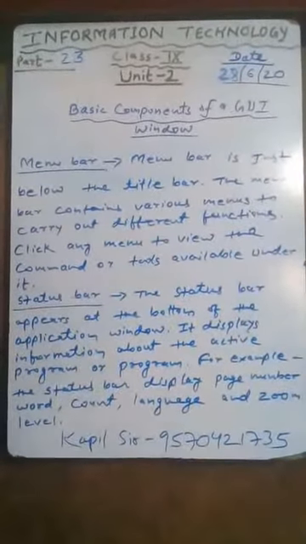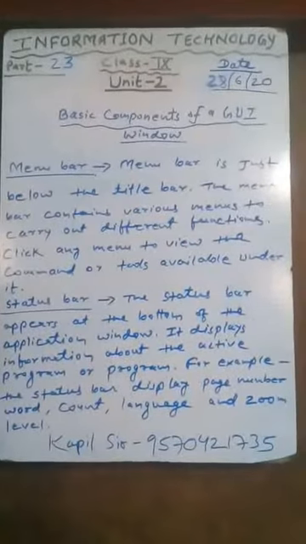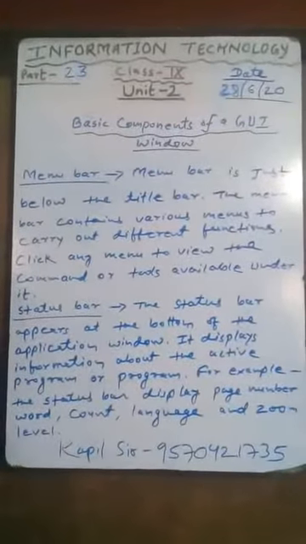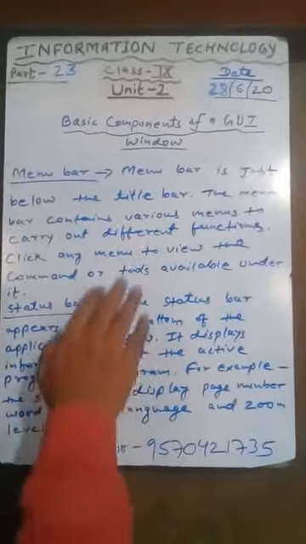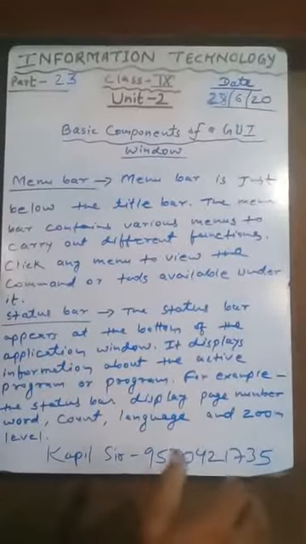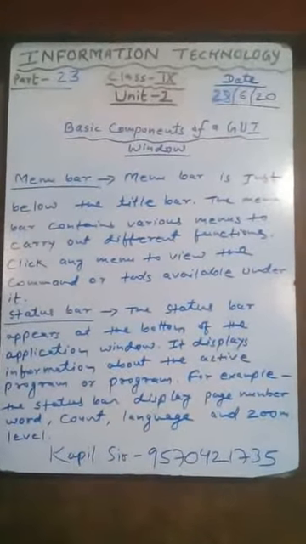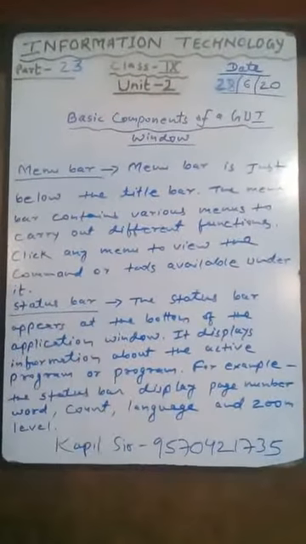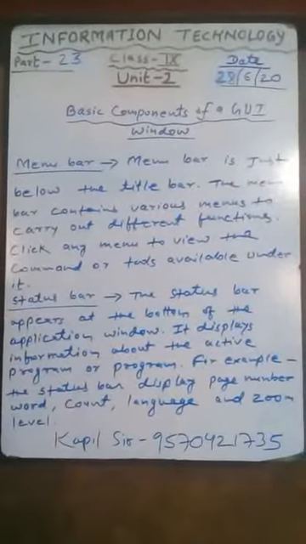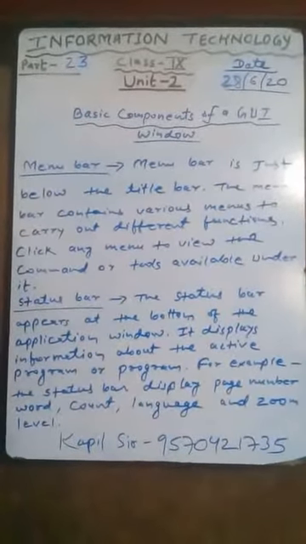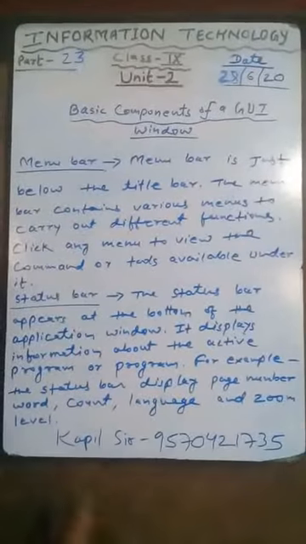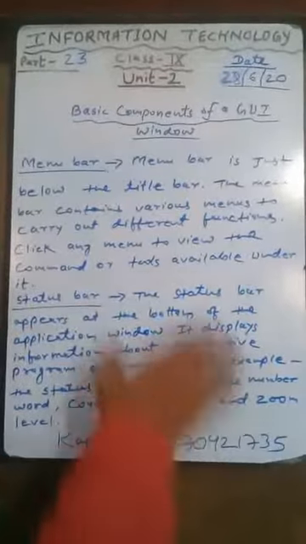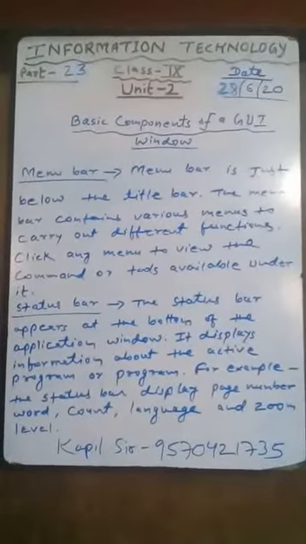The title bar is at the top of our window, and just below it is the menu bar. For example, there are different types of tools: file, edit, view, etc. This is the menu bar.